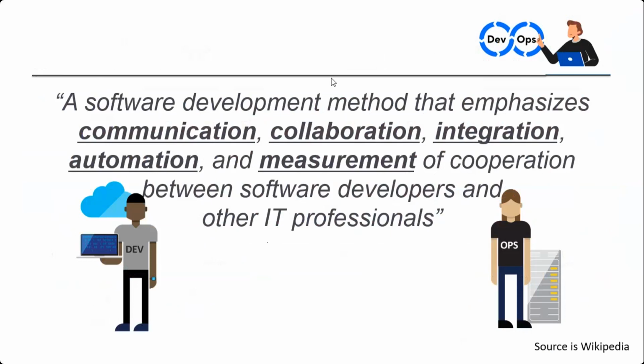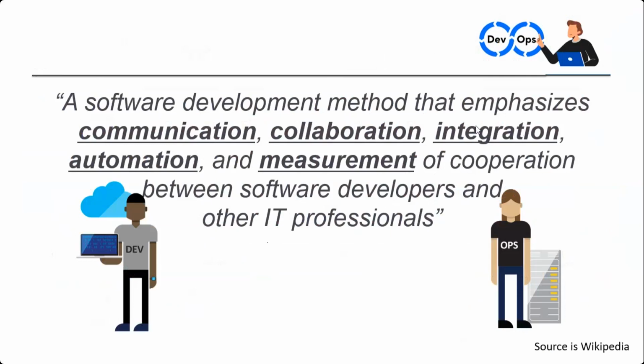And then on the collaboration part, the developers and operation engineers will work together to set up the infrastructure. For example, you want to use a cloud platform like AWS or Azure that can handle the high traffic during the peak shopping season, if you are doing an e-commerce web application.